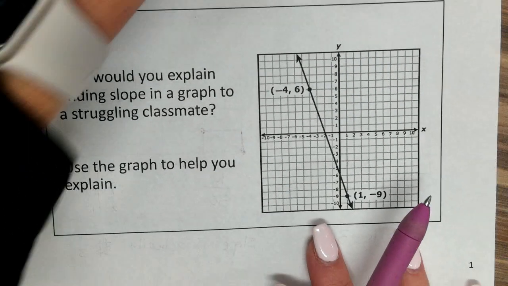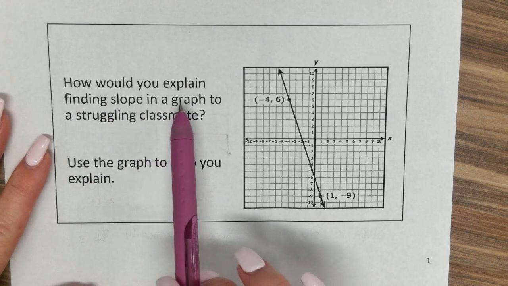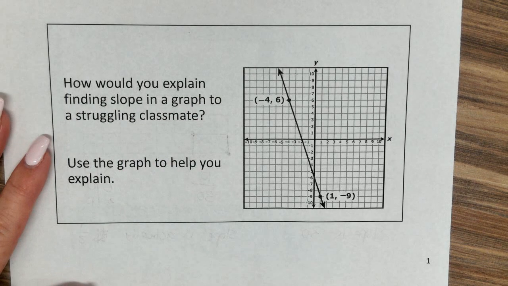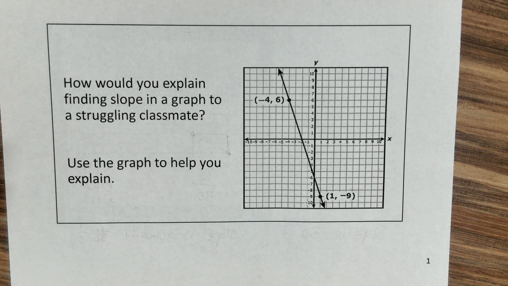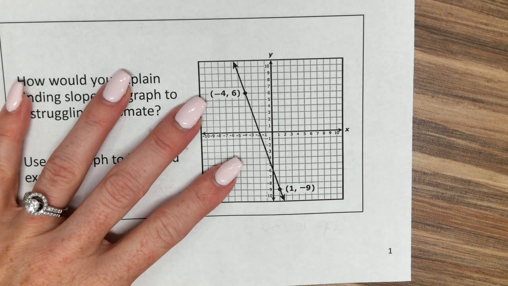All right, so this bottom question said, how would you explain finding slope of a graph to a struggling classmate? Well, you could tell them to use rise over run, or you could tell them to use STAAR. Which one do you think is easier to mess up on? Rise over run to me is easier to mess up on. So that's why I teach y'all to use STAAR. Now, make a table out of these 2 coordinates.